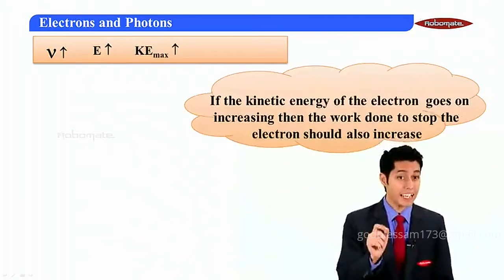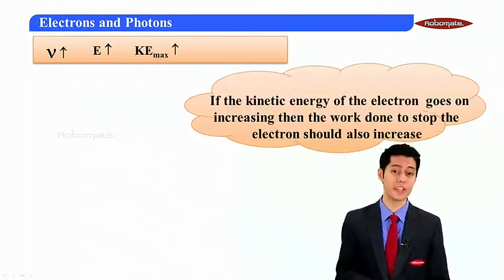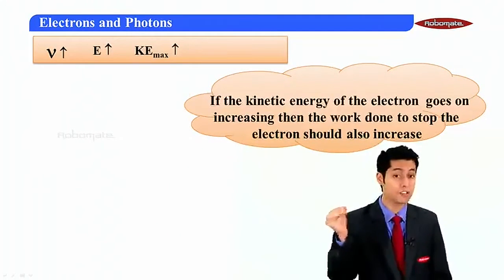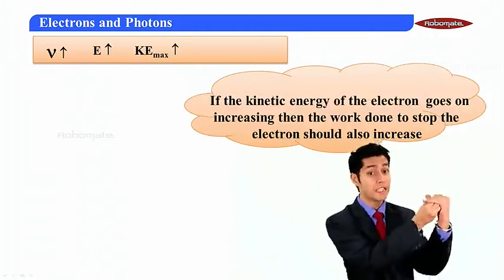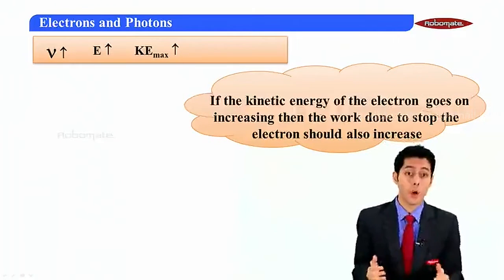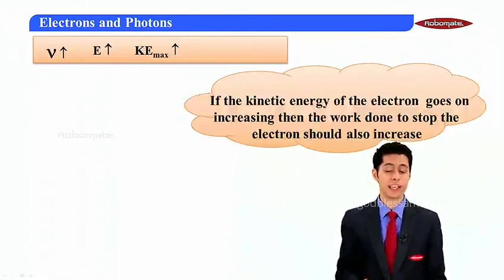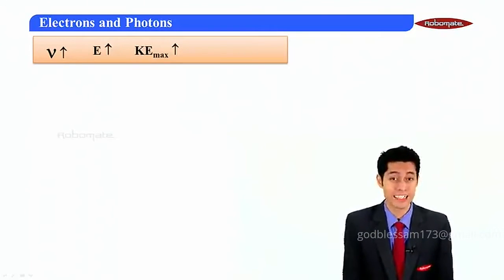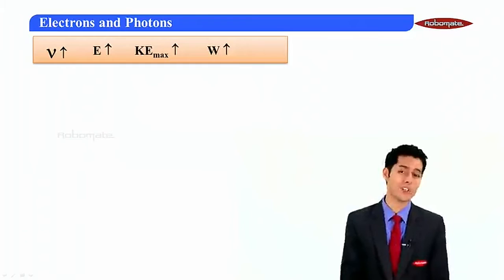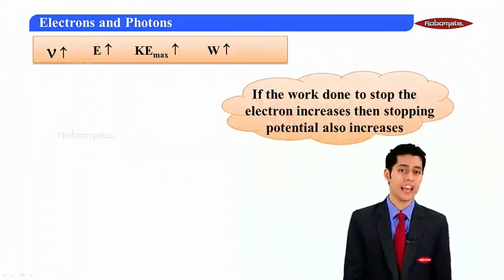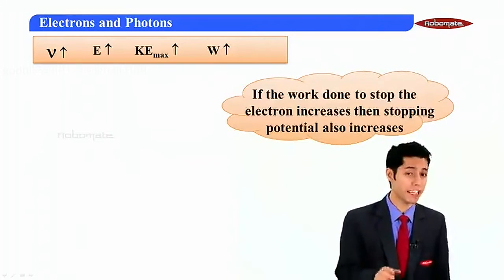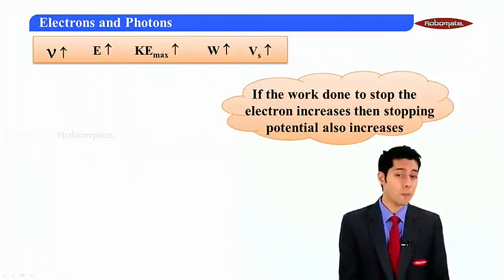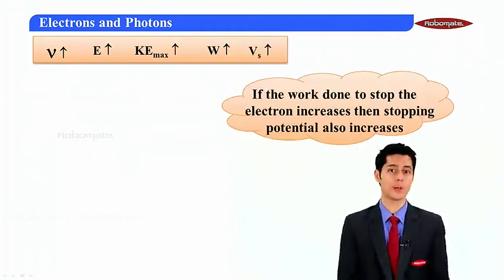And if the kinetic energy of the electron goes on increasing, then the work done to stop it should also increase. And if the work done to stop it increases, then the stopping potential also goes on increasing.